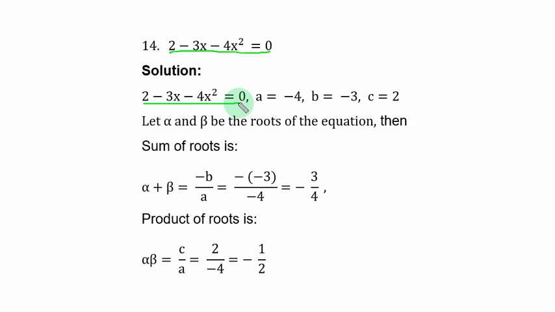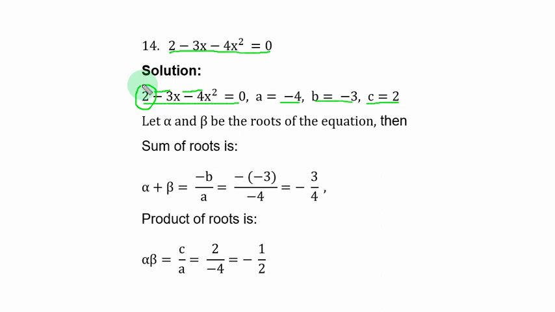A remains the coefficient of x squared, that is minus 4 from here. B is the coefficient of x, that is minus 3. And c is the constant term, the term standing without x, and that is 2.